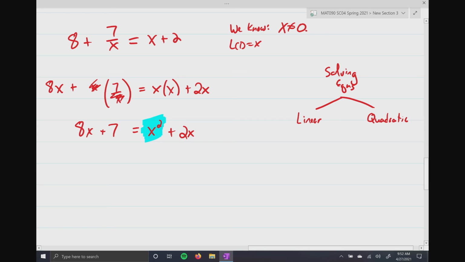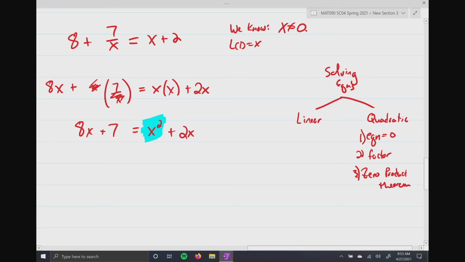And I know when it's quadratic, I need to set the equation equal to 0, factor, and use the zero product theorem. 1, 2, 3 steps ahead. Like I said, everyone's playing checkers and I'm playing chess.